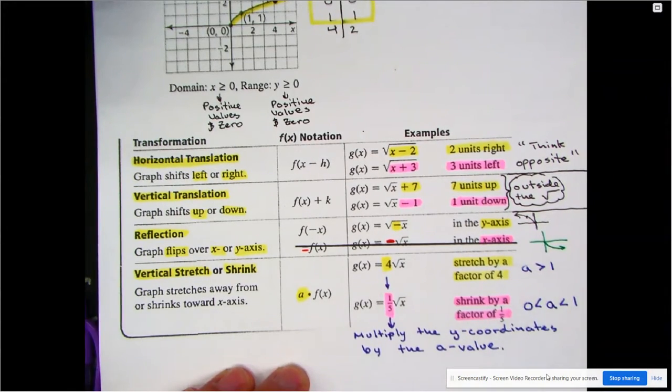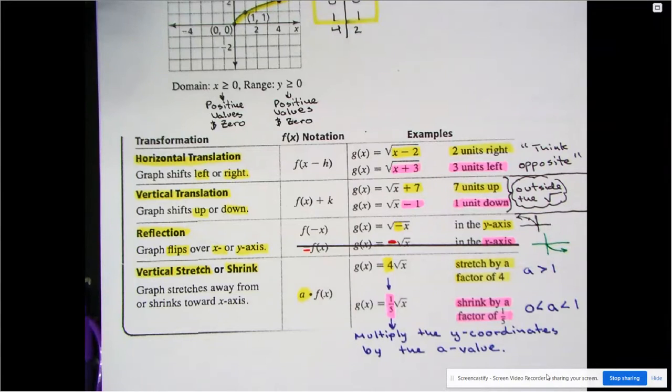But it's only the y's, just like we saw before. All right. So again, take a moment to copy these little notes down here. If we need to pause, we can pause, of course. But we're going to get into some examples because we've done all of this last week. We already practiced it. So we're just going to do it again. So here we go.